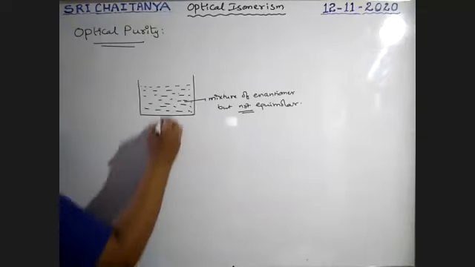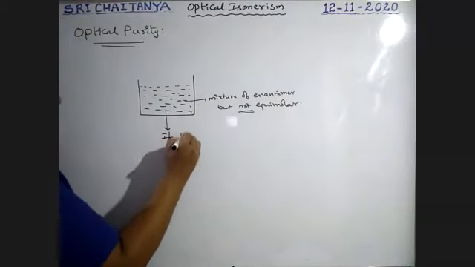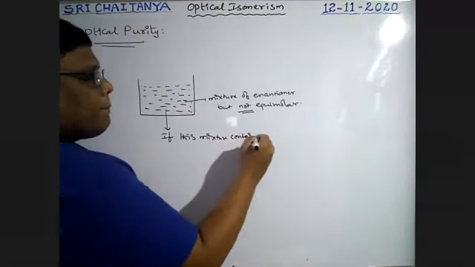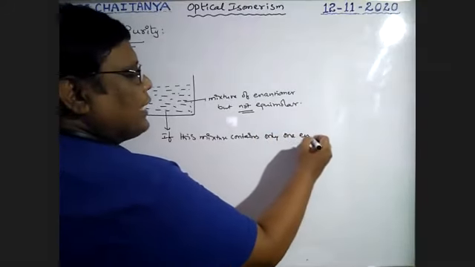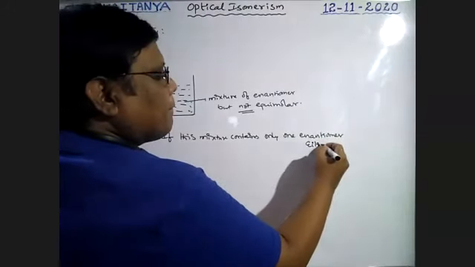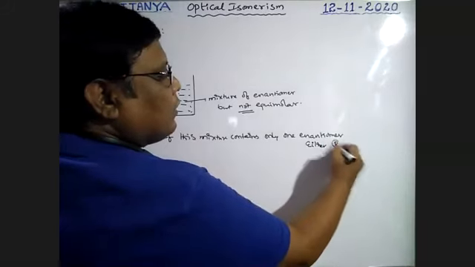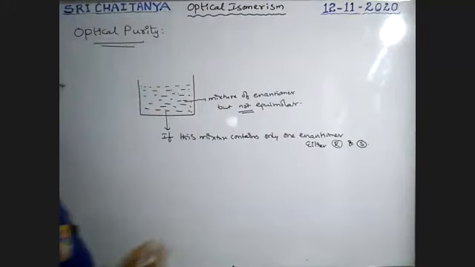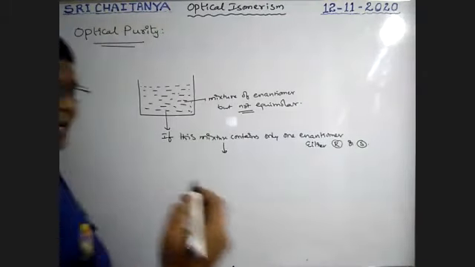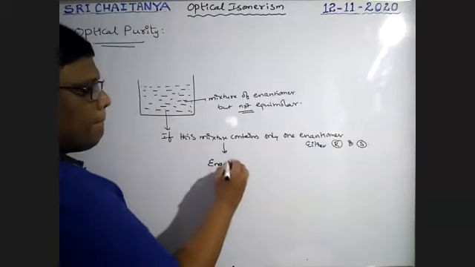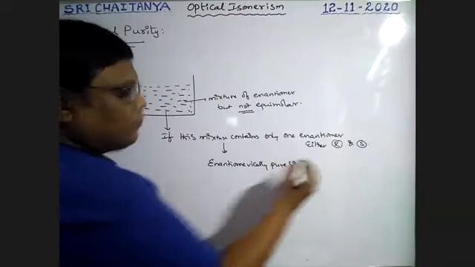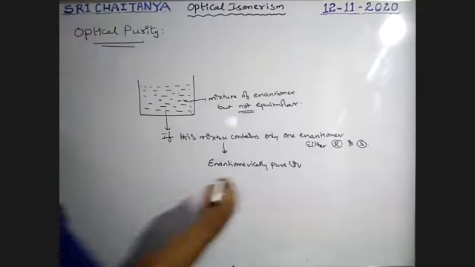So for example, see, boys, if this mixture contains only one enantiomer, either R or S, that is called an enantiomerically pure compound, which is also called optically pure.